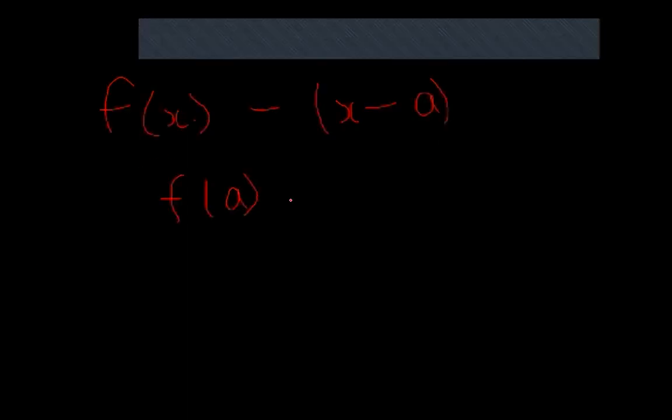So the rule says if you're given f of x and this is divided by, so your divisor is x minus a, then the remainder is f of a. F of a is going to give you a remainder, right? Whatever f of a is, that's the remainder, the value that you get.